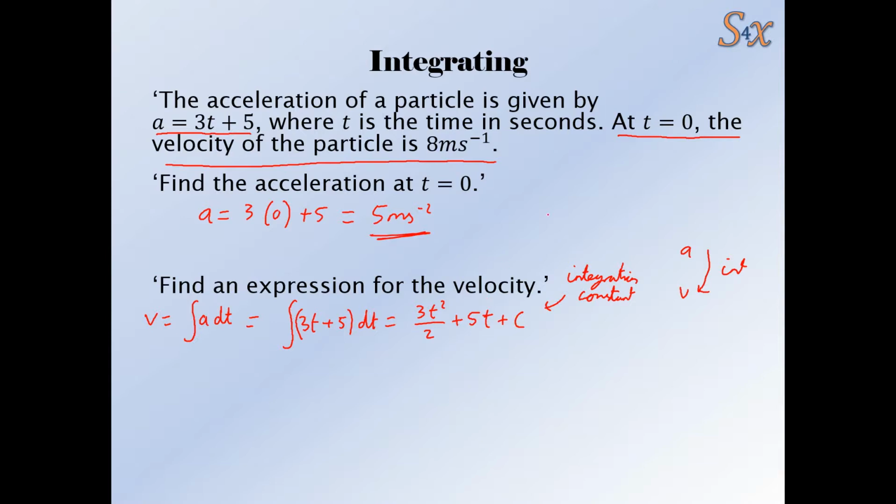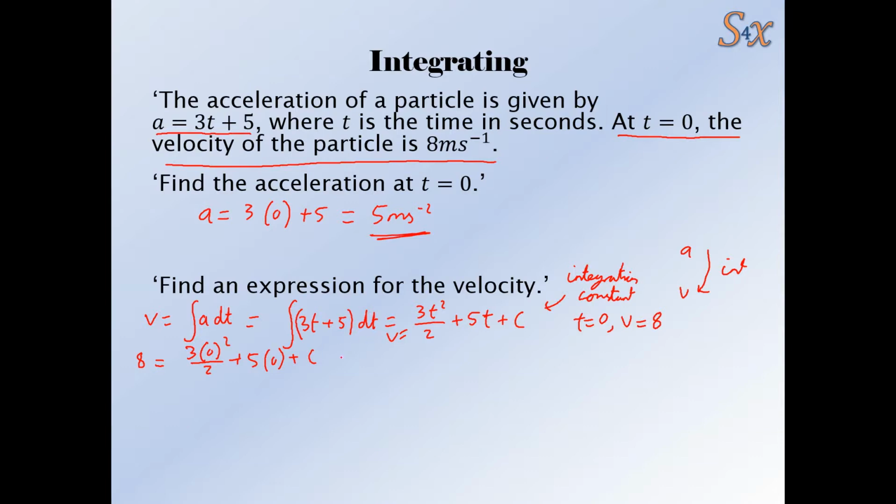So how do we find the integration constant? Well, look at the information we're given. We were told that at t equals 0, v is 8 meters per second. So I can substitute that in. I know that v equals 3t squared over 2 plus 5t plus c. So I'll substitute in: v is 8, 3 times t squared, which is 0, over 2, plus 5 times 0, plus c.